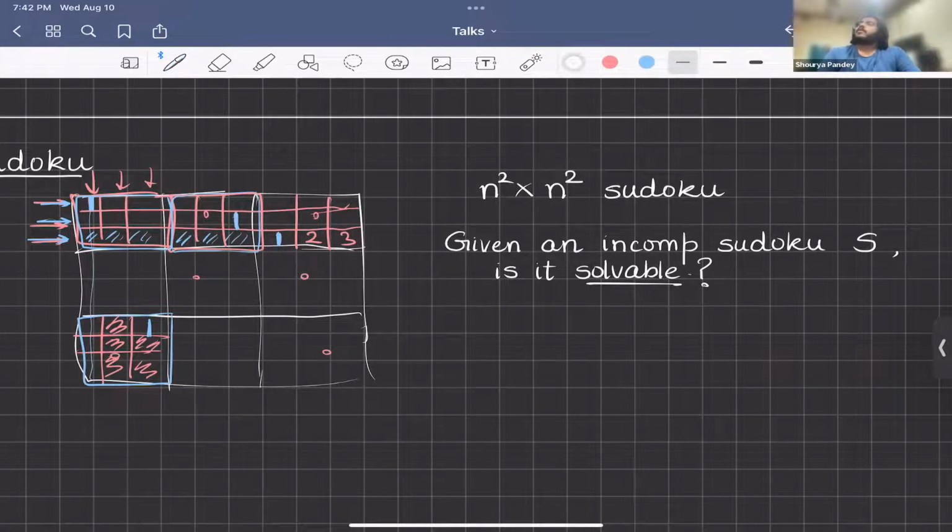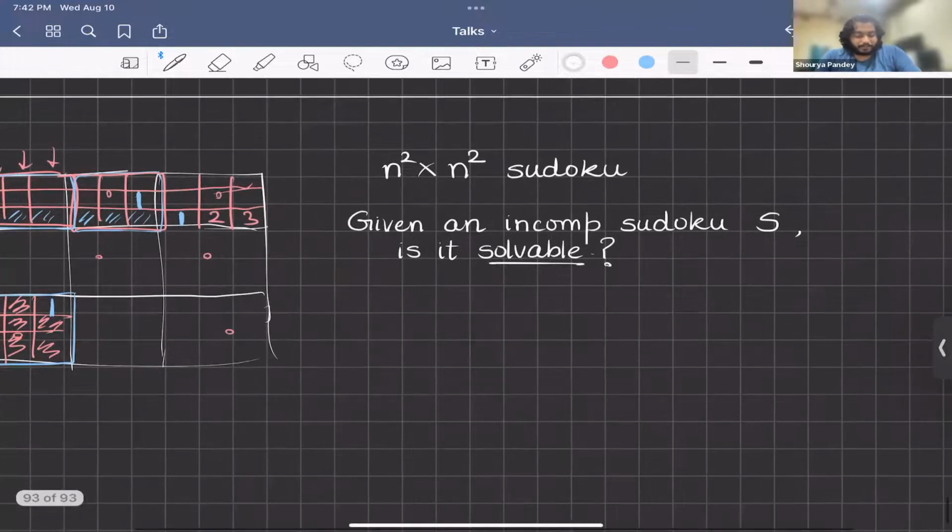But the problem is that none of them are actually real algorithms, right? One algorithm that you can come up with is just to try every configuration of Sudoku and check if it's consistent. So that is one algorithm.